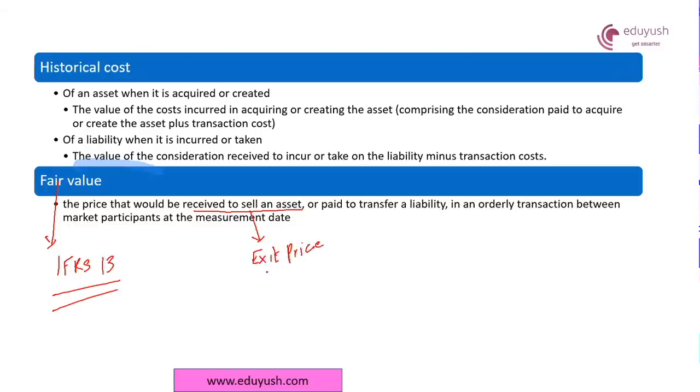Very often, we tend to feel fair value should be what you will pay to buy an asset. Okay, very often people tend to feel it is an entry price. No, fair value is the exit price, what you will receive from the sale of an asset or transfer a liability, in an orderly transaction between market participants on a measurement date. Who are market participants? They are genuine buyers and sellers.